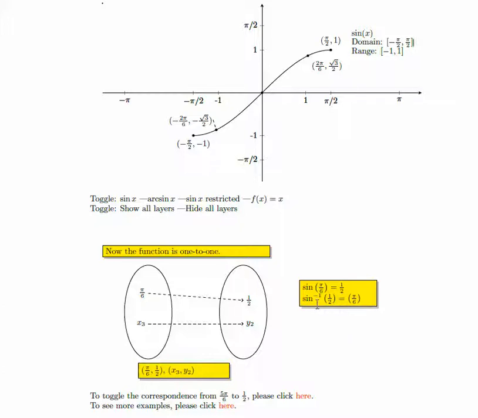When you write sine inverse of a value, it depends on how well you remember the original one. If you know sine pi over 6 is 1/2, then you can immediately write sine inverse of 1/2 is pi over 6.